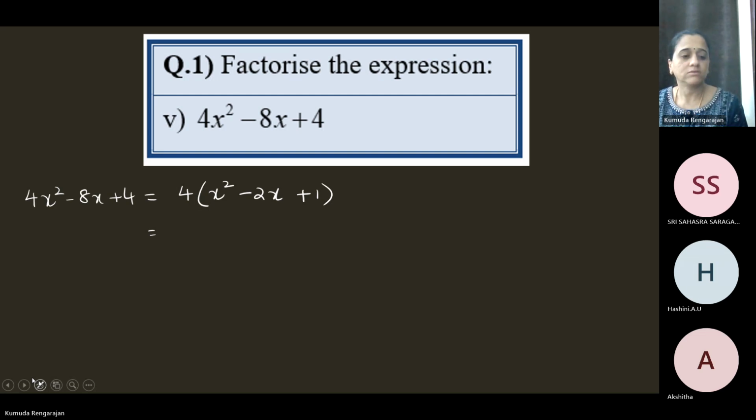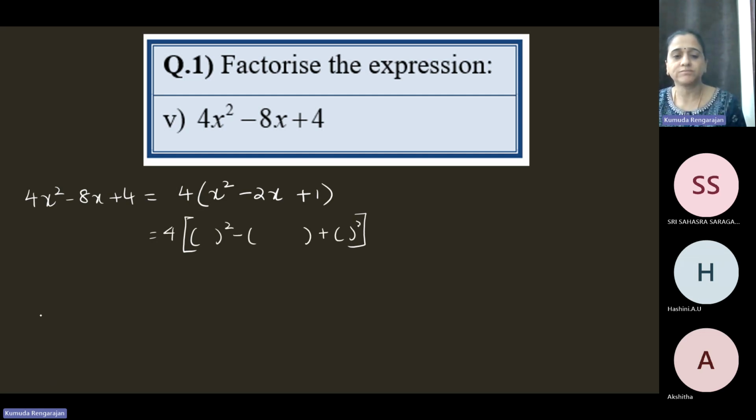Now you'll have to factorize the expression in the bracket. So 4 times, using a square bracket, a squared minus 2ab plus b squared. So x the whole squared, 1 the whole squared, 2 into x into 1.